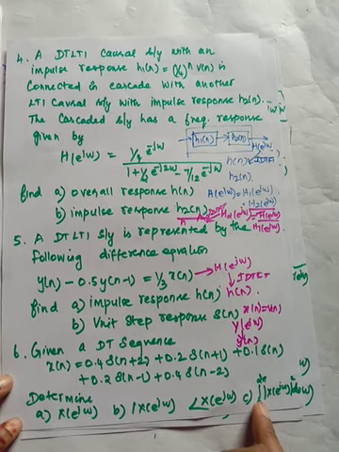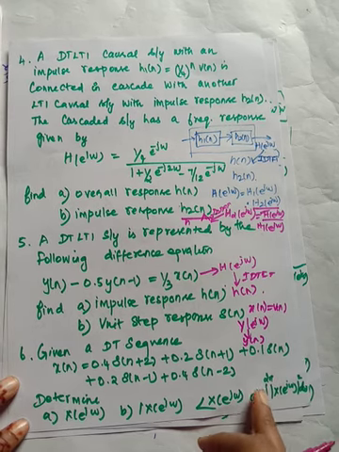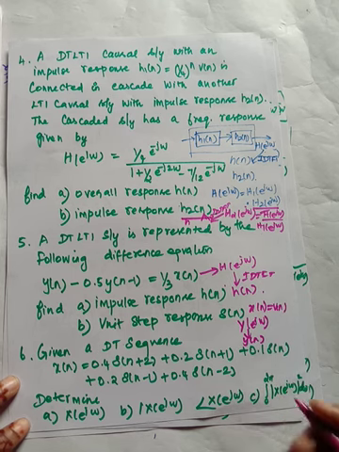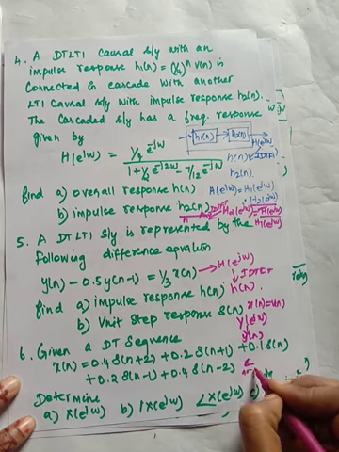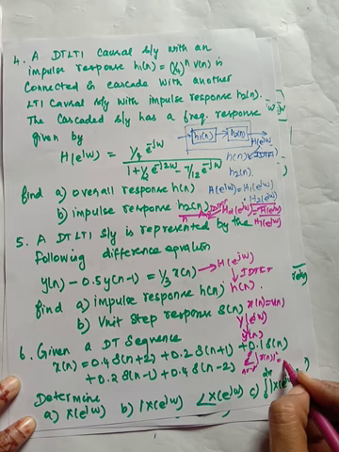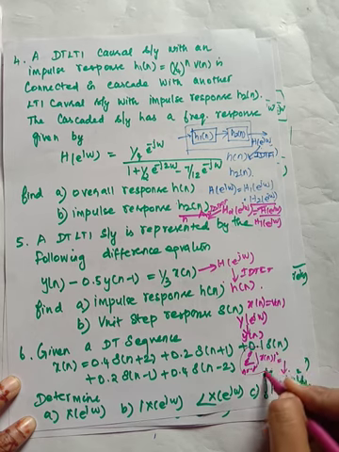Similarly here you need to apply Parseval's relation. You know the Parseval relation: summation n equal to minus infinity to infinity of magnitude of x of n the whole squared is equal to this integral. So if you want to find this, you can easily use this.